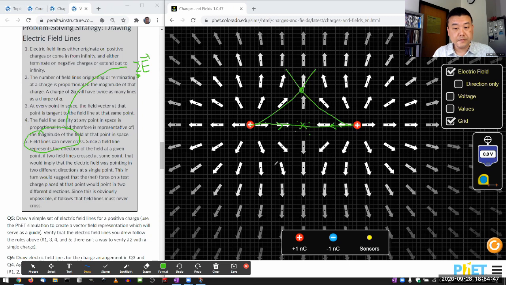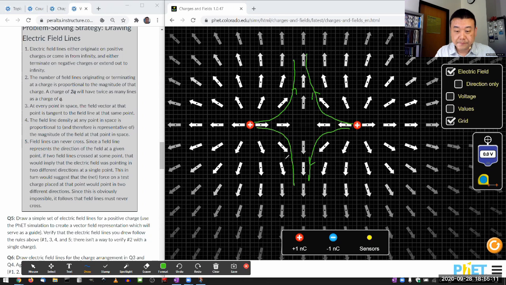Since that's a mathematical headache, the field lines can never cross. So in a challenging setup like this, you should still draw your electric field lines so that they don't cross. They go maybe like this. That's one of the ways to draw electric fields near interesting points like that. So that's kind of how you draw electric field lines.